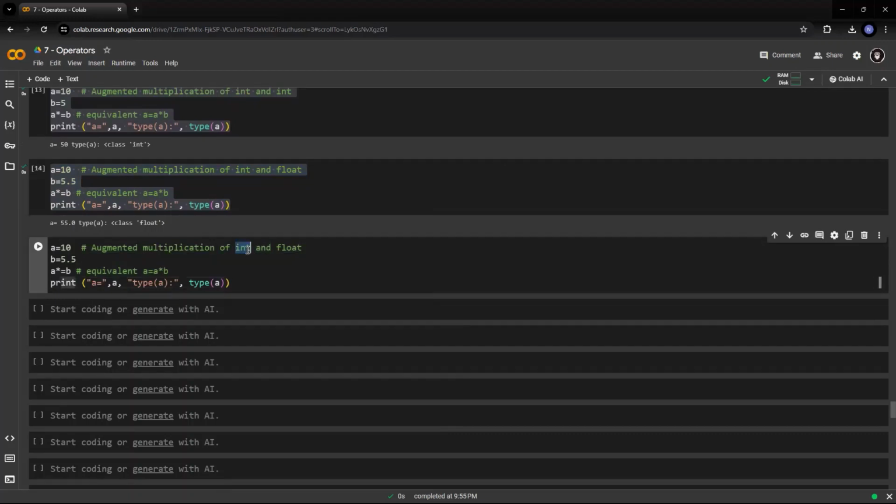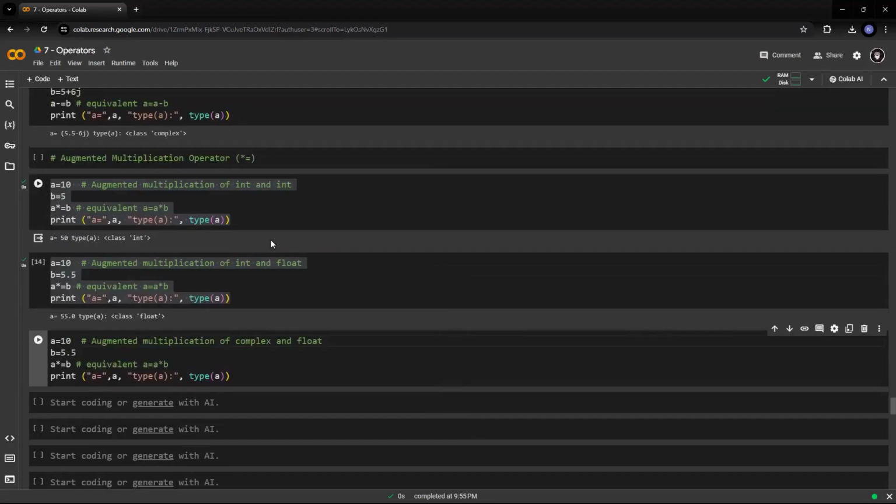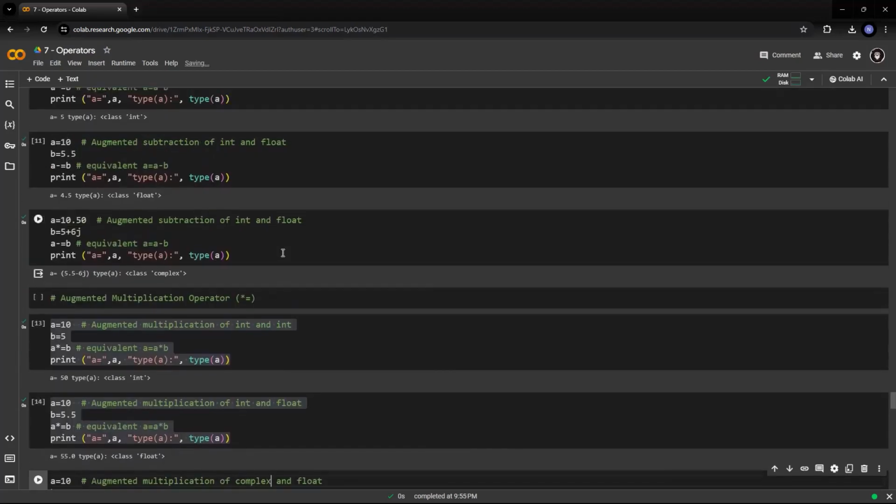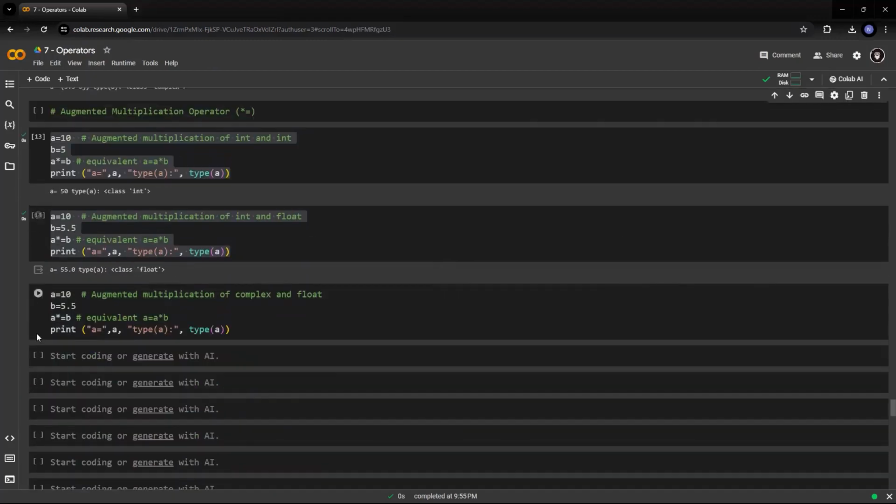So I'll have a complex and a float, so I need to make this a bit complex. We are using the same value so that you can easily understand what is happening. A into b, we are doing a multiplication of a complex with a float.